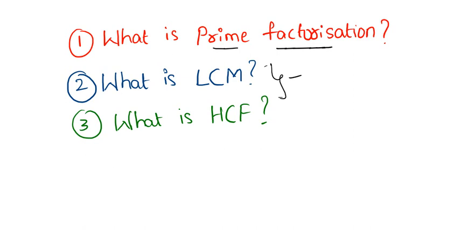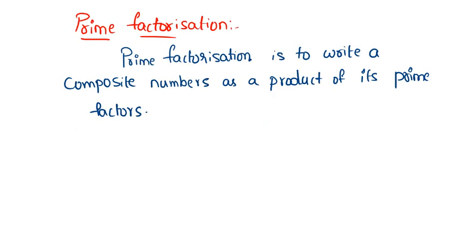The simple definition is that prime factorization is to write a composite number as a product of its prime factors.